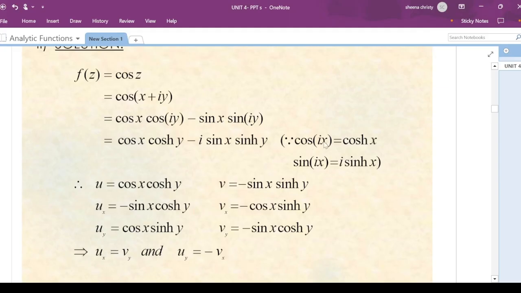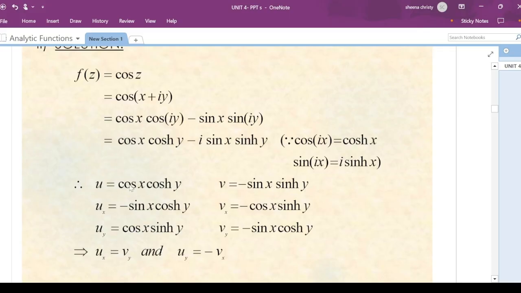We know that cos(ix) is cosh x and sin(ix) is i sinh x. Therefore, here you are going to have cos x cosh y − i sin x sinh y. Now, separating the real and imaginary parts, you will get u = cos x cosh y and v = −sin x sinh y.